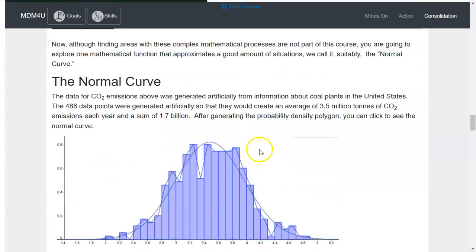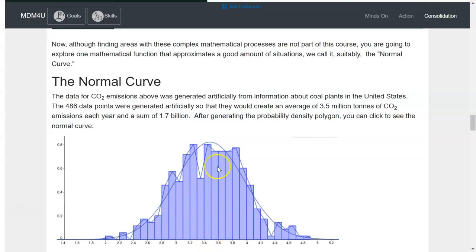We find that many things that we measure follow roughly this pattern. Heights, CO2 emissions, ages of certain things, results on tests, birth weight, they tend to be most common in the middle, with the mode, the median and the mean all right here.